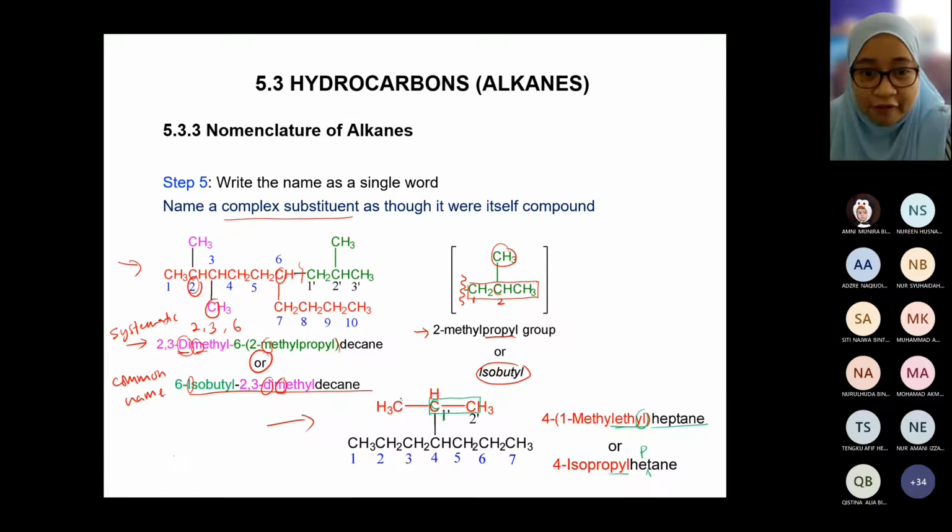In this substituent, we have 1 substituent attached to the first carbon. So it is written as 1-methyl ethyl. Okay, 1-methyl ethyl in the bracket, and then this whole group is located at carbon number 4, right? So we have 4 dash bracket 1-methyl ethyl heptane.